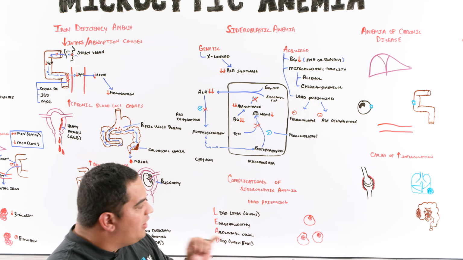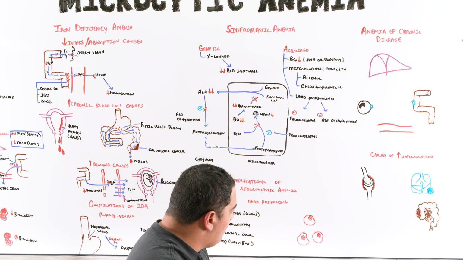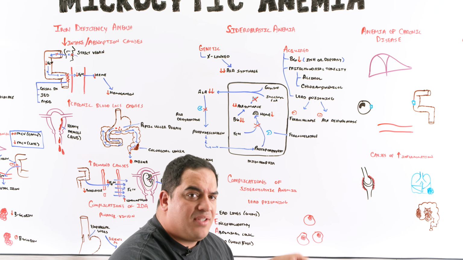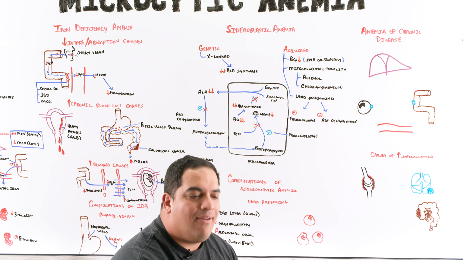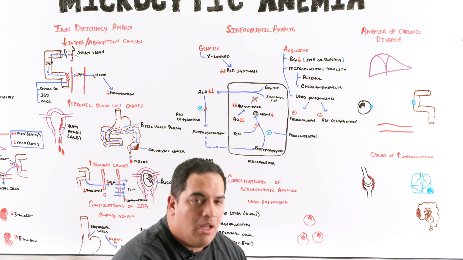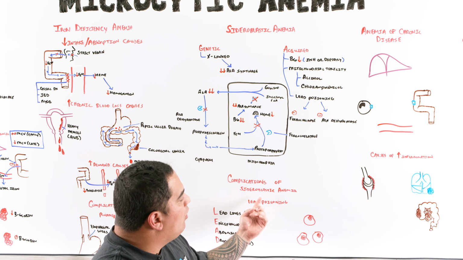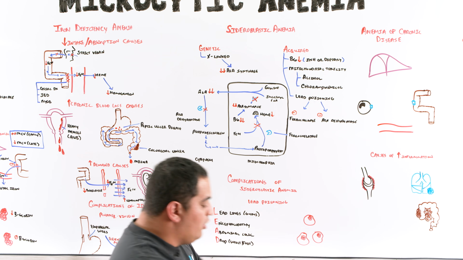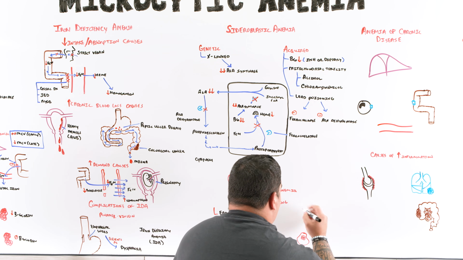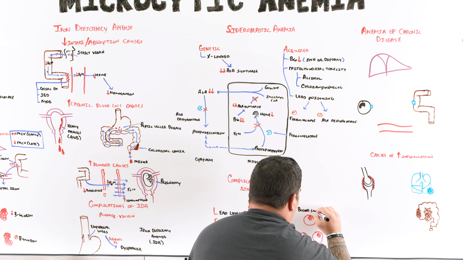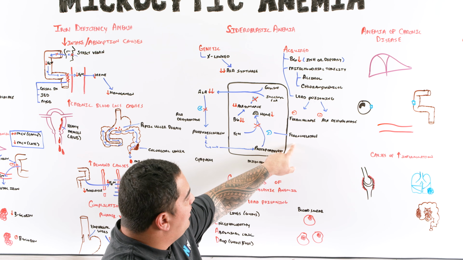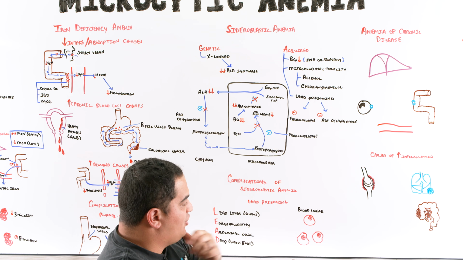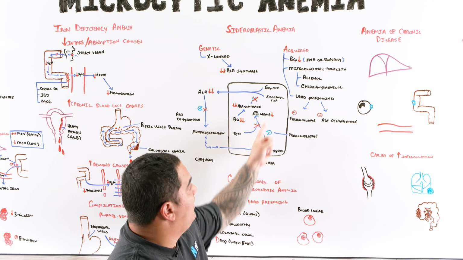The other thing which is really important with lead poisoning is that, like most patients who have sideroblastic anemia, they can have what's called basophilic stippling. But this stippling is very important in lead poisoning because they don't cause these ring sideroblasts. So for lead poisoning, when you look at their peripheral blood smear, whenever you inhibit ferrochelatase and you inhibit ALA dehydratase, you can't incorporate the iron into the heme.